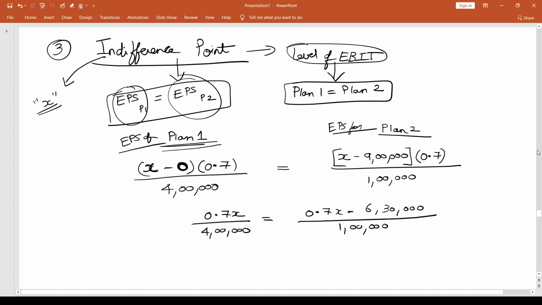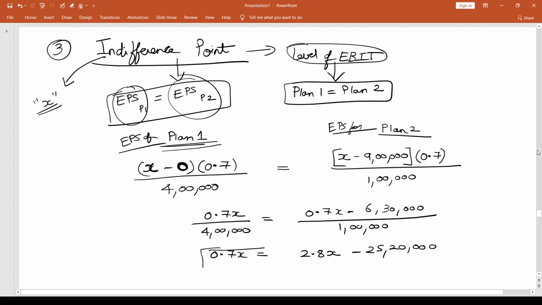Now if I multiply the right hand side by 4, numerator and denominator, so I can cancel out the denominators, I'll say 0.7x is equivalent to 0.7 into 4, that's 2.8x minus 6,30,000 into 4, that's 25 lakhs 20,000.